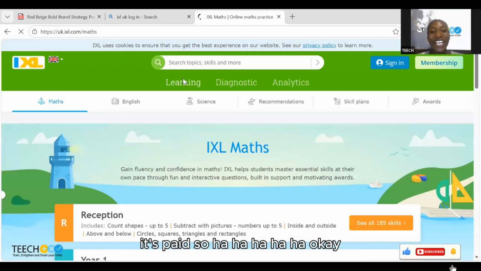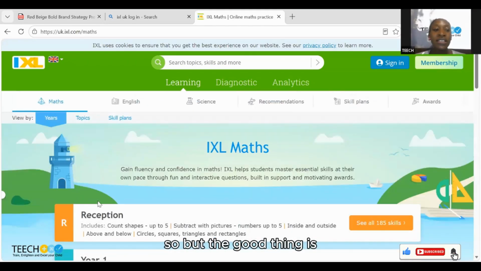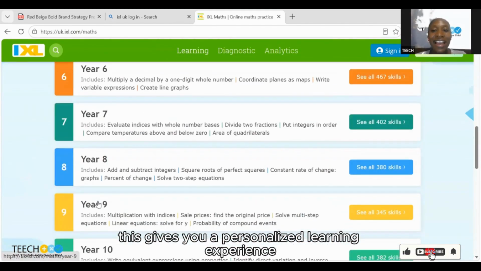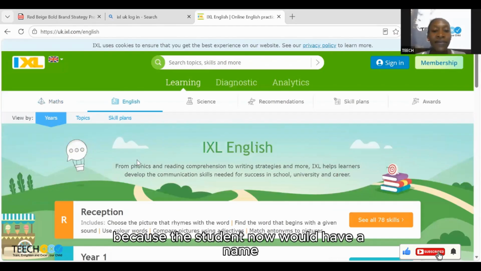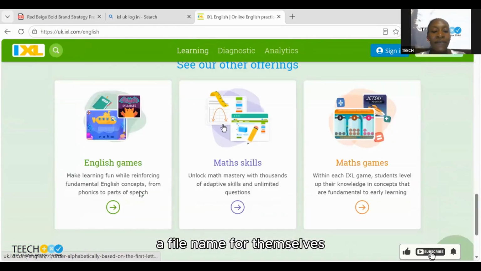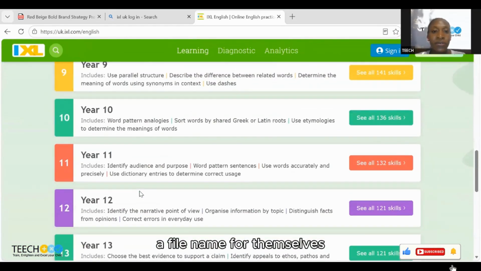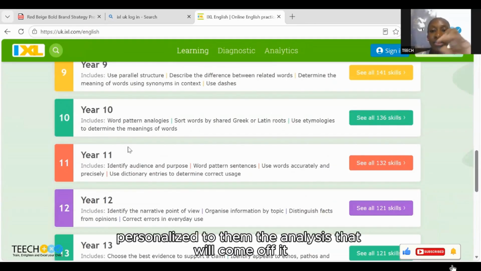But the good thing is this gives you a personalized learning experience, because the student now would have a file name for themselves. The diagnostic result you've gotten is personalized to them.